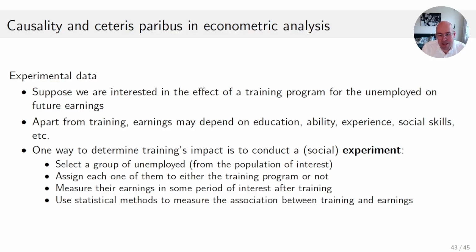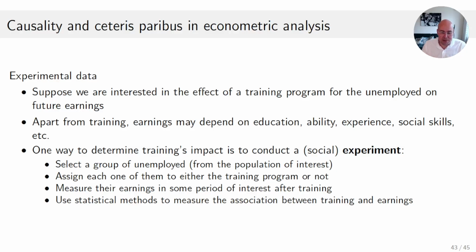So suppose we're interested in the effect of a training program for the unemployed on future earnings. Apart from training, earnings might depend on education, ability, experience, social skills, etc. So we have to hold all these things constant, which is this ceteris paribus part of everything. But in order to really learn about the causal effect of training, what we really want to do is, at least in terms of a thought experiment, to conduct an experiment.